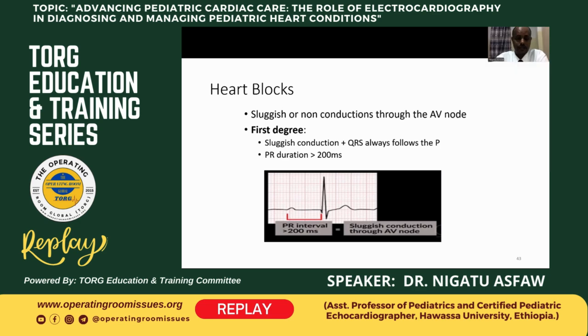And depending on the degree of block, that can be first degree heart block, in which all atrial impulse will be transmitted to the ventricles, but there will be increase in the PR interval. That means we have P waves before every QRS complex, but there is delay in transmission of this impulse.